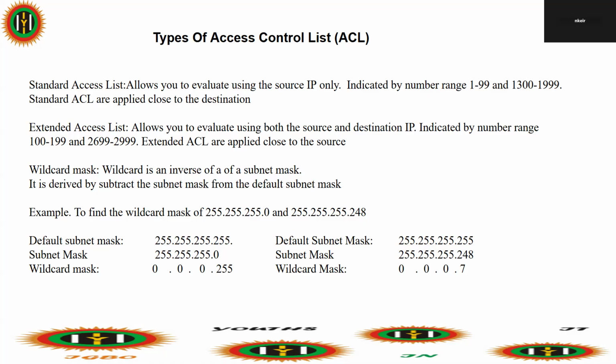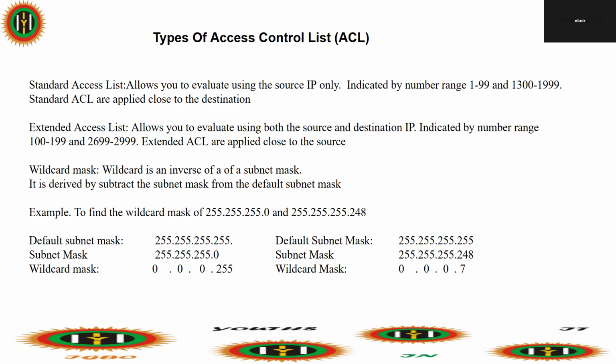While an extended ACL will allow you to evaluate based on both source IP address and destination IP address, which means it gives you more flexibility. You can specify a specific source, a specific destination, and then configure your policy. The system will know that you're setting up an extended ACL if you specify a number 100 to 199 or 2000 to 2699.